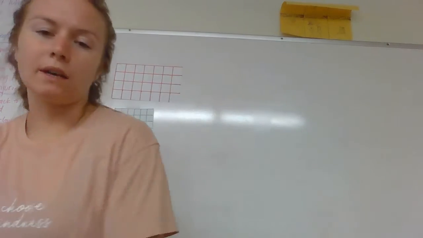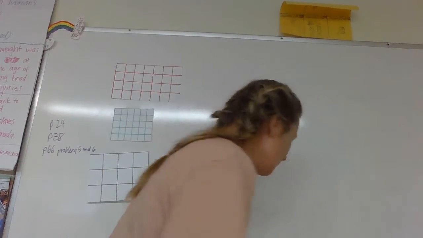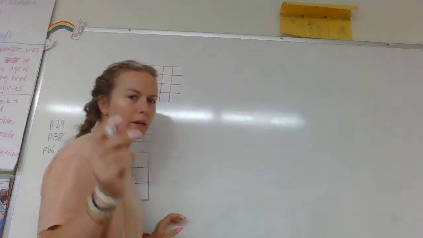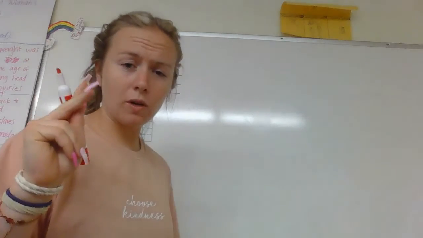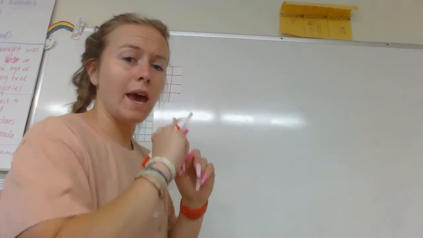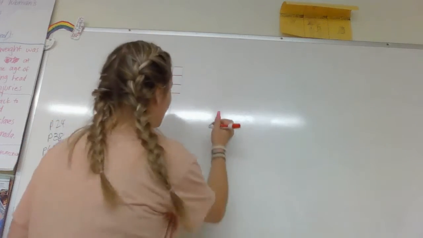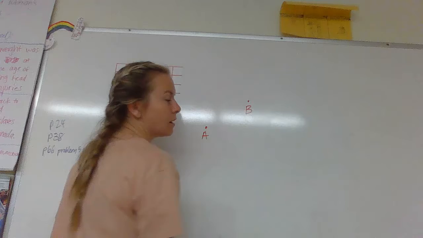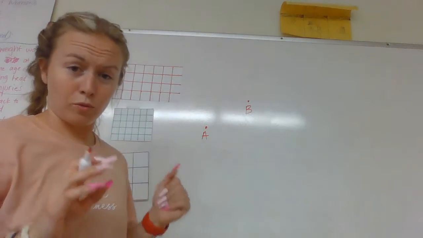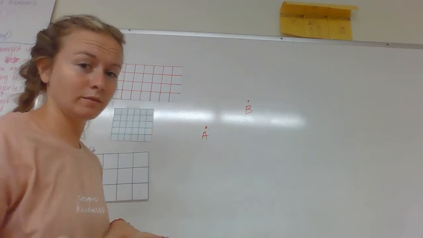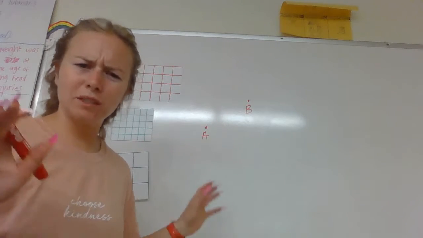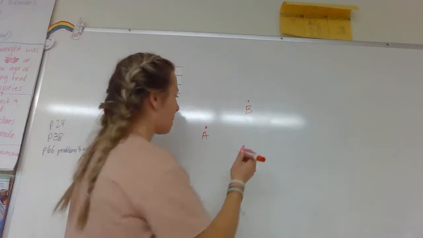So I want to give you guys a reminder that when I am doing line segments and points, first I'm going to put 2 points on the board, and it's going to be point A and point B. So let's draw 2 points. Now, if I'm going to do a ray, actually, I'm going to do ray AB.